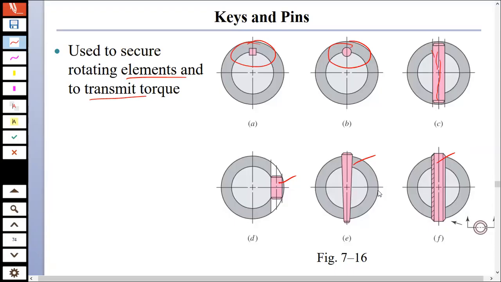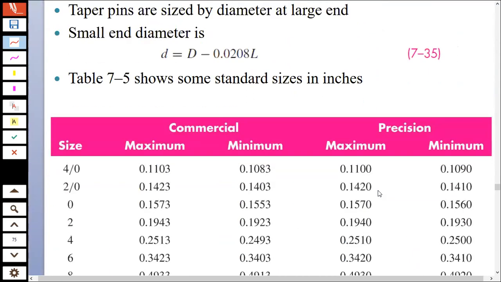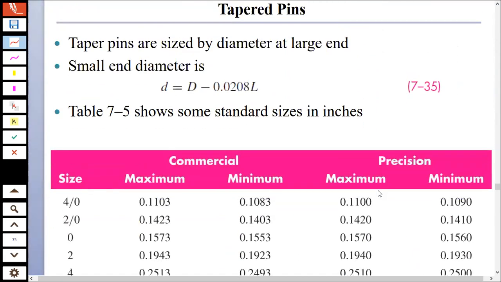Looking at the pins and the keys, as I said, they have different types. Let's look at the tapered pins. You have tapered pins that are sized by diameter at the large end. You can calculate the diameter of the small end. Your tapered pins are made like this. They are tapered.